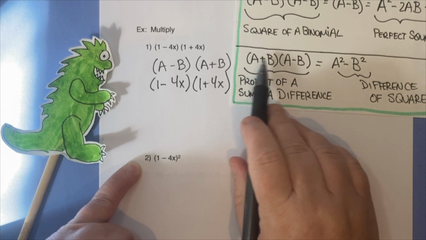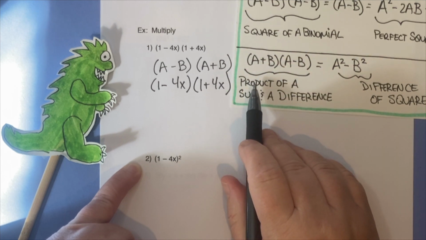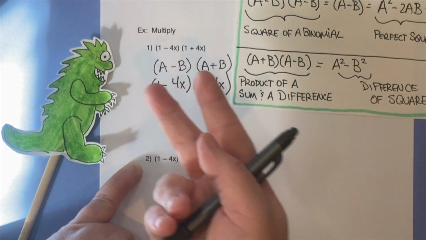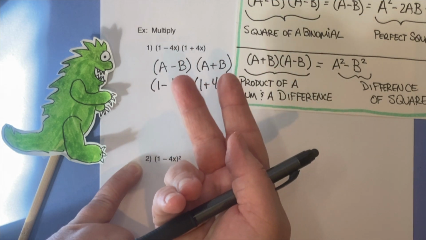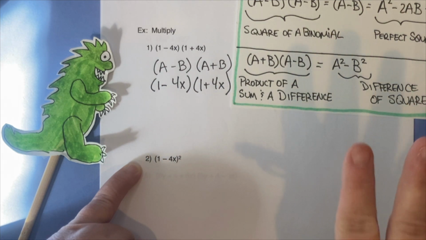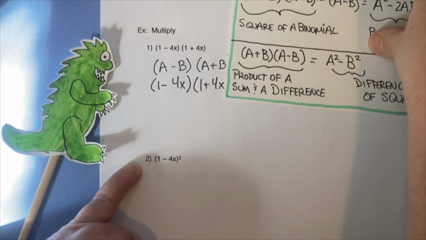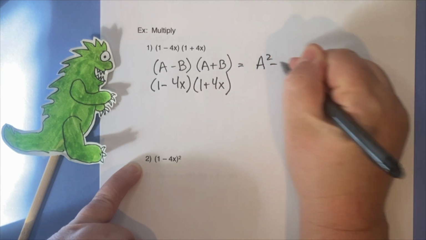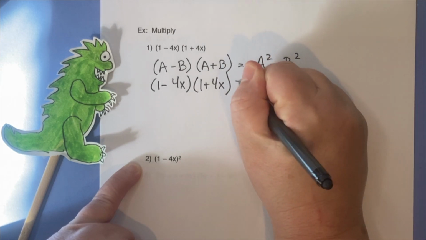But these two are being multiplied, right? It's the product. So I can take the order and I can switch it. So if the minus comes first, that's fine. As long as there's 1 minus and 1 plus, you're golden. And when you multiply these, you're going to get A squared minus B squared. This is the formula.